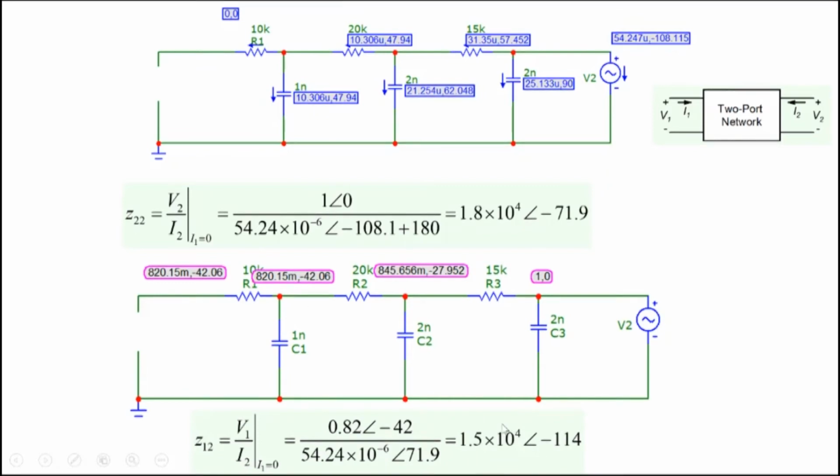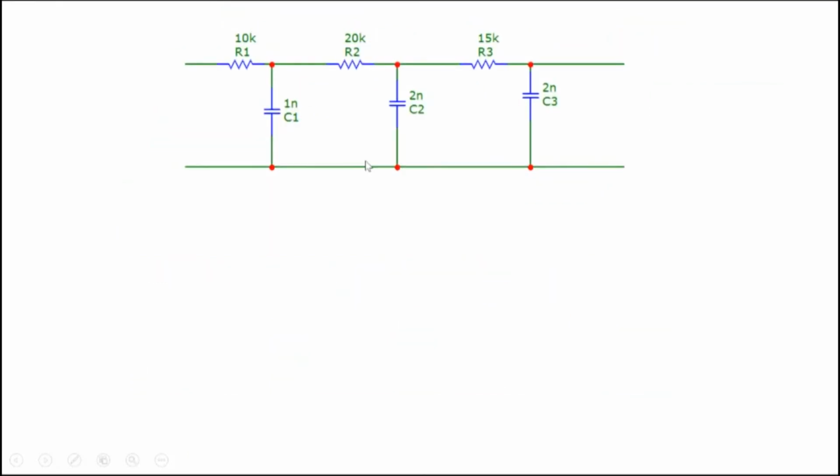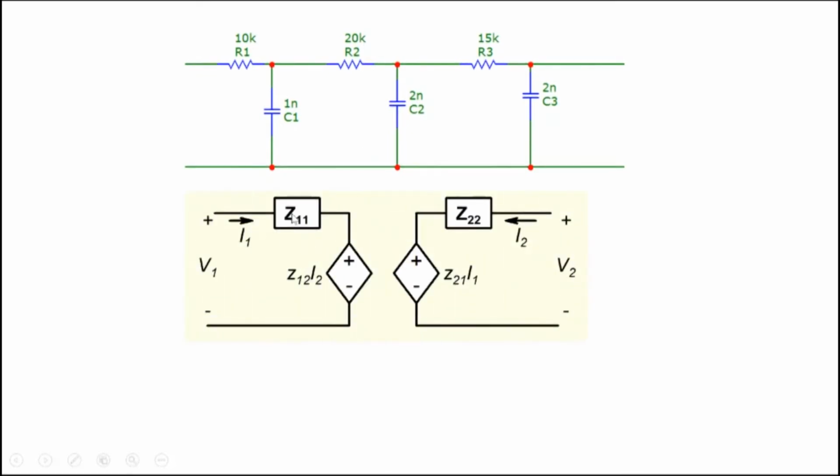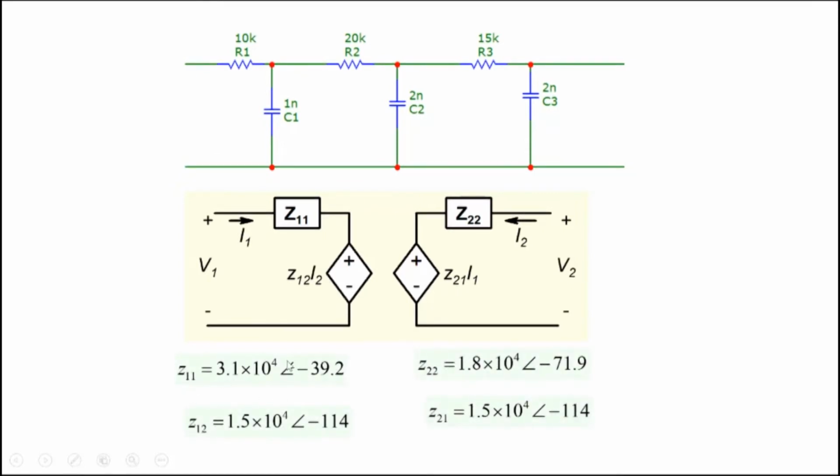Okay. So in summary, what we are saying is this piece of circuit that you see here, we can represent in the form of 4 elements: Z11, Z12, Z21, Z22. 2 impedances and 2 current dependent voltage sources here, and these are the values here. Z11 is here, Z22 here, Z12 and Z21 here.